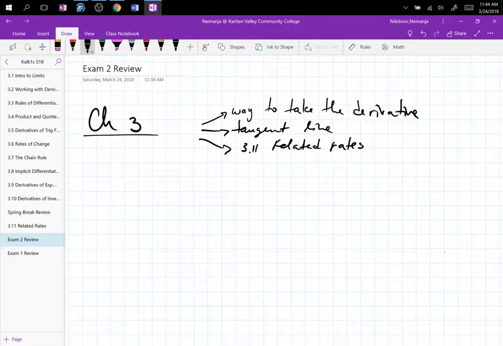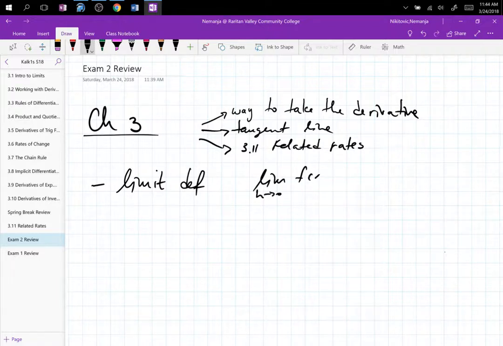It's going to be one of those. And then, 2 or 3 from basic, and then you have the product rule, quotient rule, chain rule, so all of those things. So, limit definition, which is limit h goes to 0, f of x plus h minus f of x.